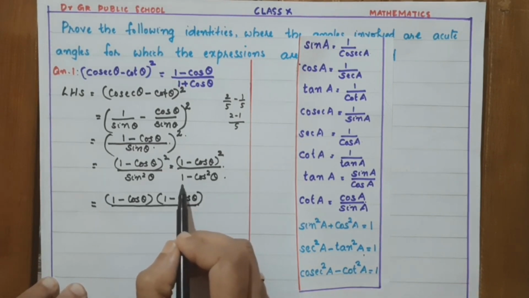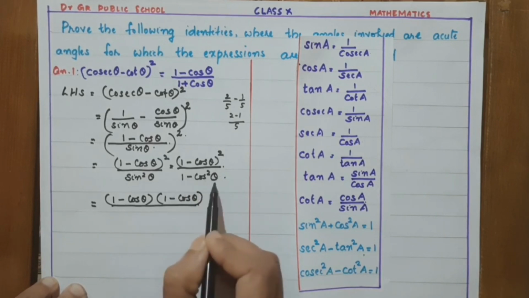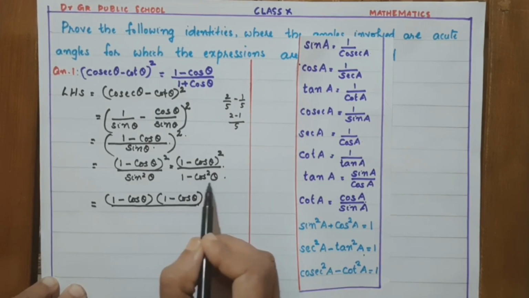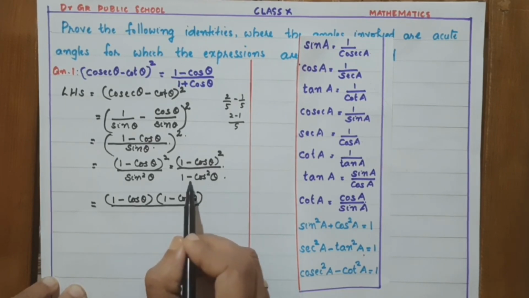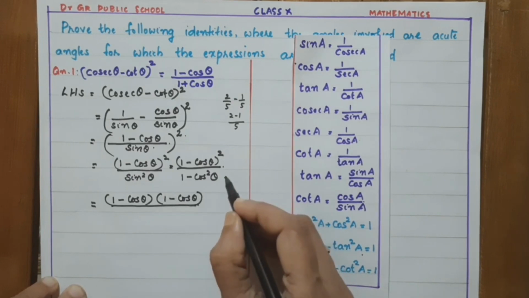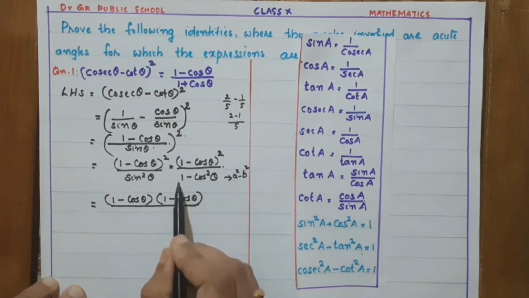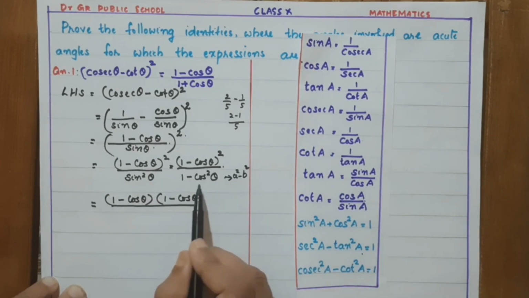Can you see any identity form here? 1 is a perfect square. Here also we have a square term. So which identity form? A square minus B square form, isn't it? Here A is 1, B is cos theta.